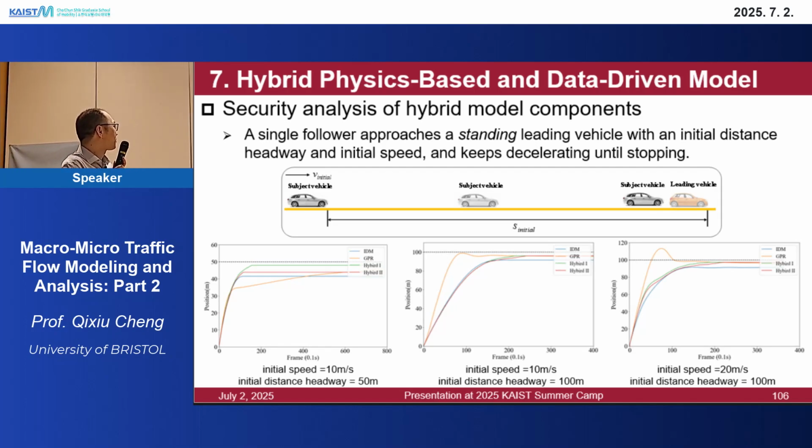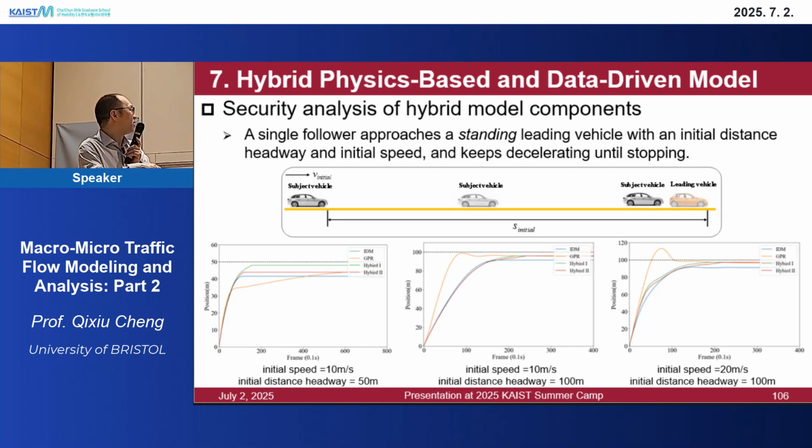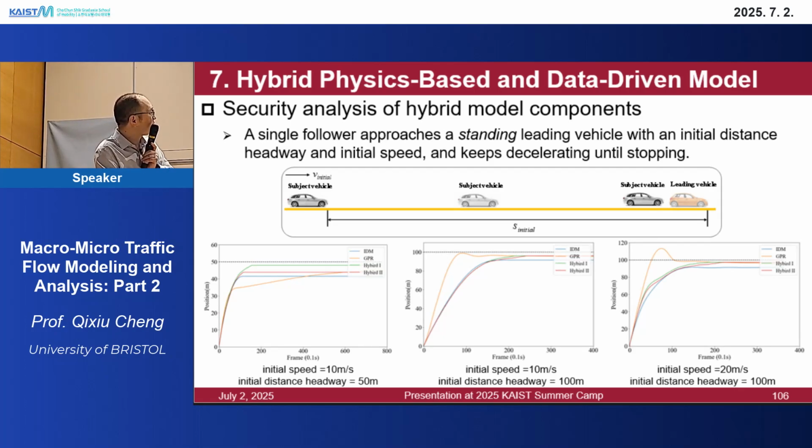If the initial speed is 10 and the initial distance headway is 15 meters, all the vehicles can stop safely. In this case, the initial speed is 10 and the initial distance headway is 100 meters.